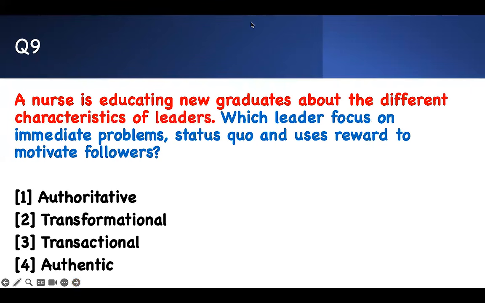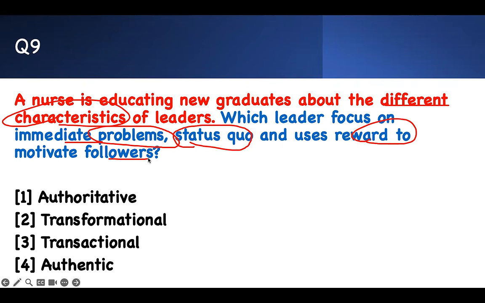The next is educating a new graduate about the different characteristics of leadership. The same thing, character. What kind of character do they have? Which leader focuses on the immediate problem, buzzword, or cares about the status quo, maintaining things, and uses reward to motivate you?